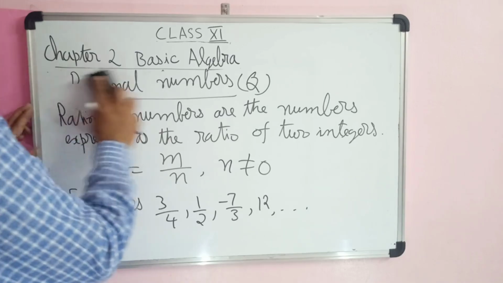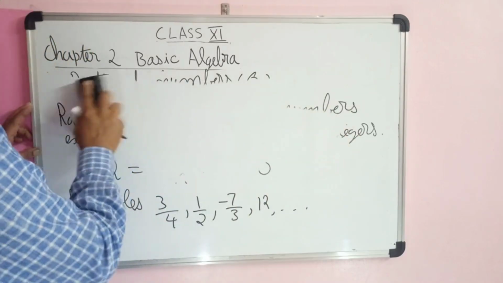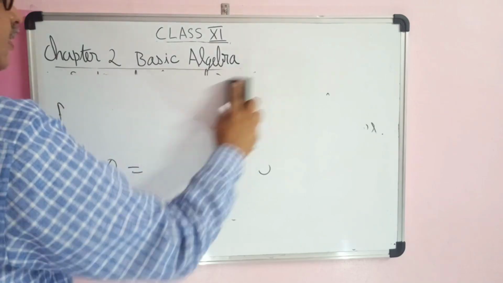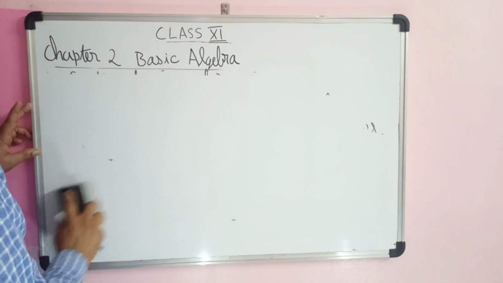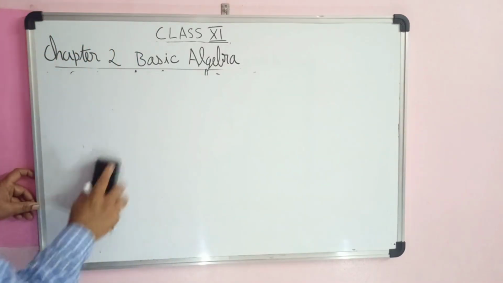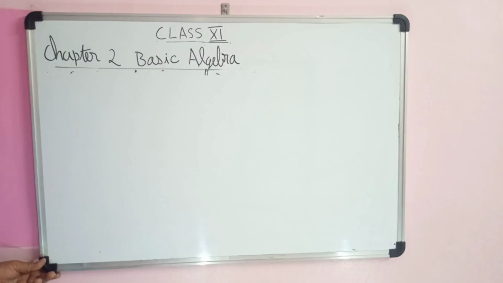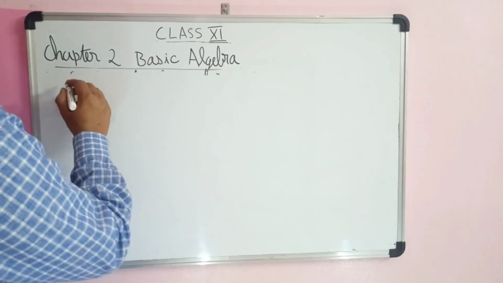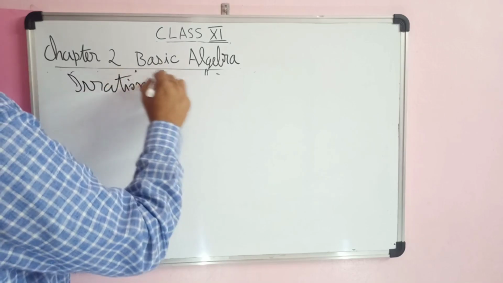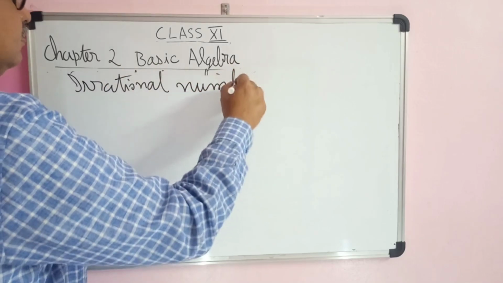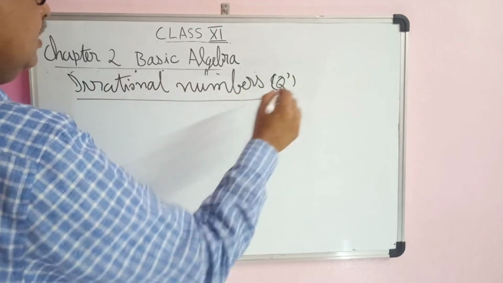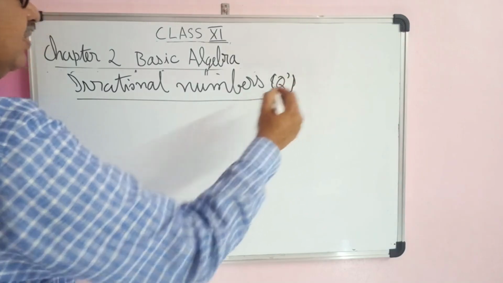Next, irrational numbers. Irrational numbers are represented by Q dash.